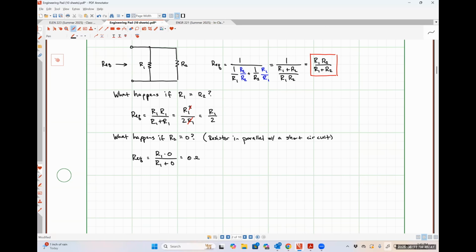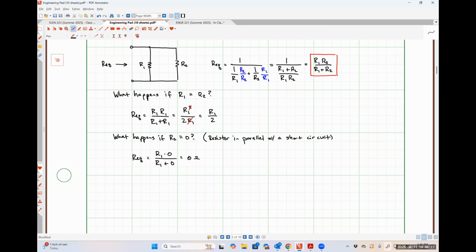The reason for that is essentially given to us by Ohm's law. What I mean by that is if we have a resistor in parallel with a short circuit, what we will observe is that all of our current in that network will flow through the short and bypass the resistor that was in parallel with the short in order to make the voltage drop across both of those things 0, because as we know, the voltage drop across a short circuit is by definition 0.